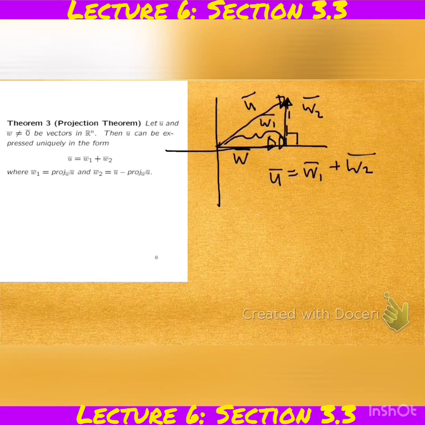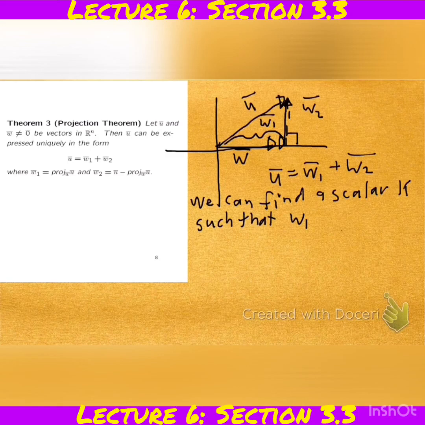So we can find a scalar, let's call it k, such that w1 is that scalar multiple of w.